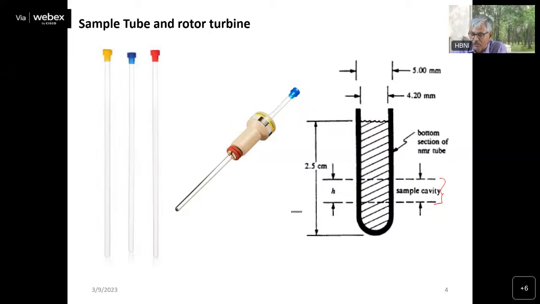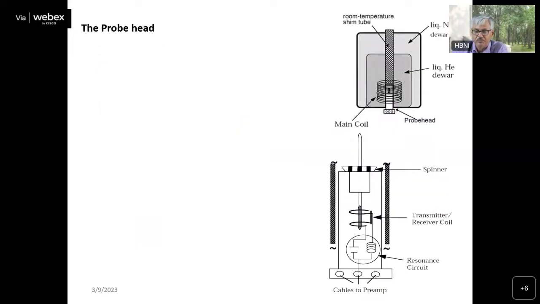Normally this tube diameter is around 5 millimeter, and the thickness is around 0.8 millimeter, and the total height of the solvent will be around 2.5 centimeter. If you put more volume, there are some issues, and if you put less volume, there will be issues of shimming. We'll see that later on.